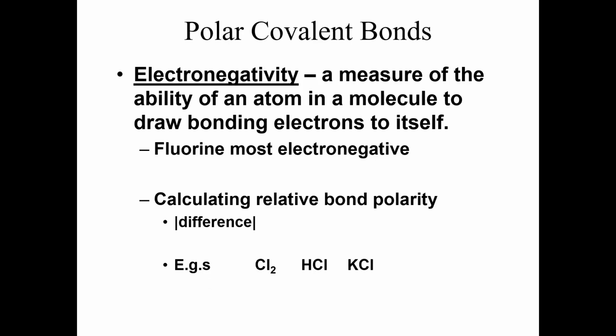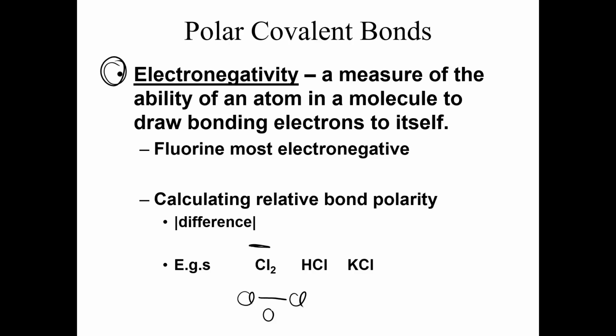So what we're doing is looking at the difference in electronegativity between two atoms. In this case, we have two chlorine atoms, so they are equal in electronegativity. The difference is 0, so it's completely nonpolar.